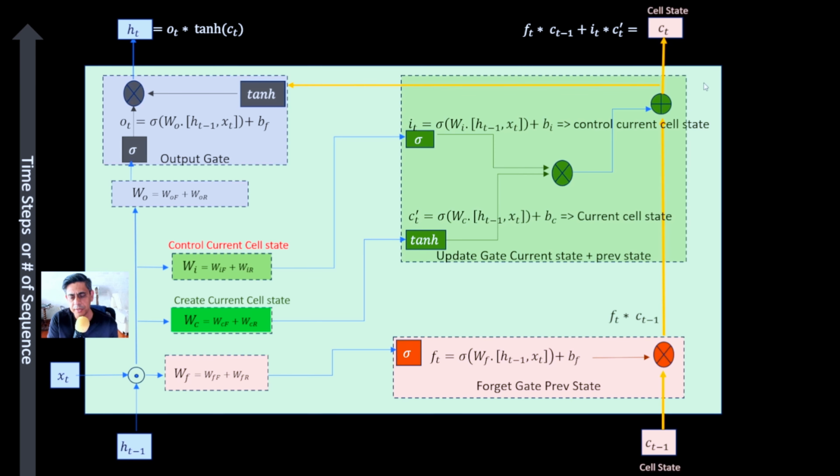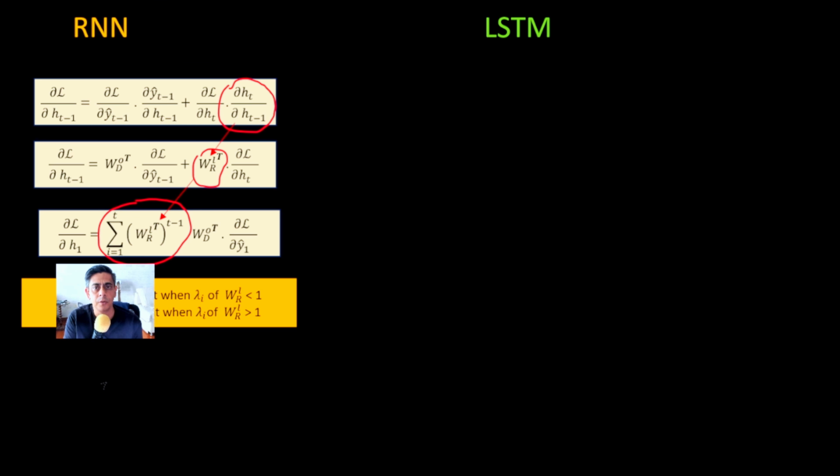But if we have to go a little bit deeper, then we can see what exactly was causing the RNN to get into this vanishing gradient problem or exploding gradient problem. It was this term, which is when we are trying to calculate the loss with respect to HT minus 1, then we were getting this term, which was dou HT and dou H with respect to dou HT minus 1, which was resulting in the recurrent weight WR.